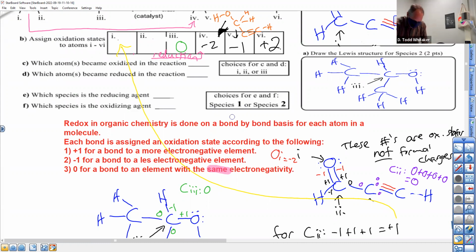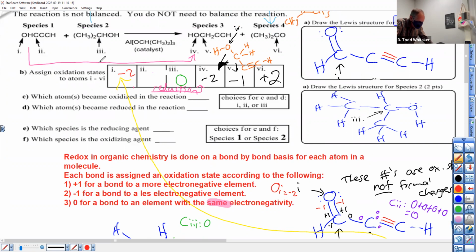This did not work out as well as I thought, everybody. And 2, we did all the work and then I erased it. 2 was all the numbers in black. You got a +1, correct? And the real Roman numeral 2 label was on a carbon, not an oxygen.